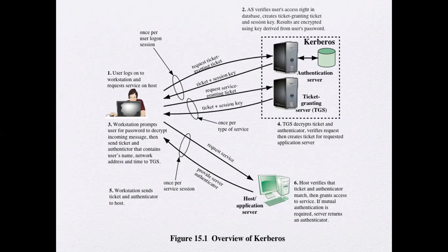Now coming to the third step: the workstation prompts the user for a password to decrypt incoming messages, and sends a ticket and an authenticator that contains the username, network address, time and details. So with the password, encrypted with the session key, along with the network address and time, all these will be ready for this client.